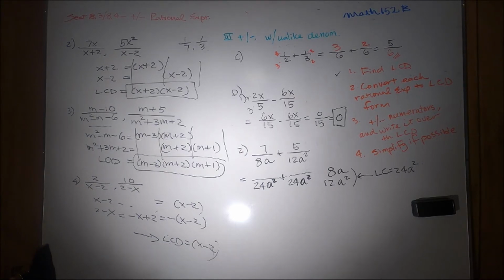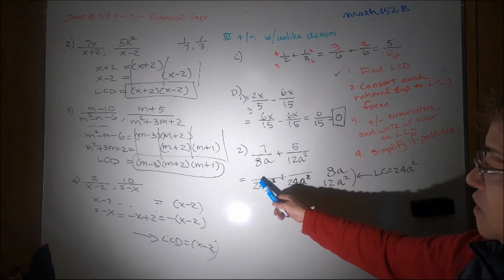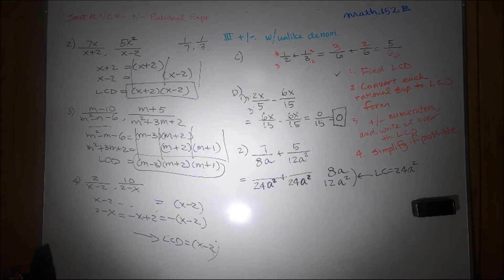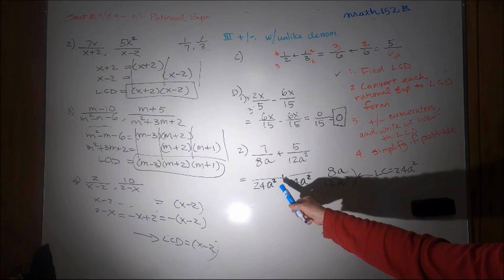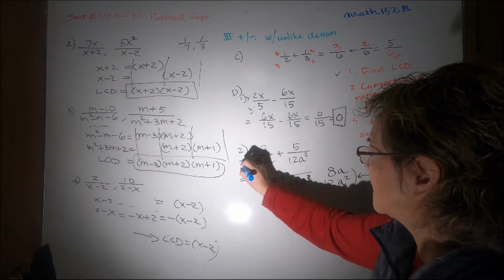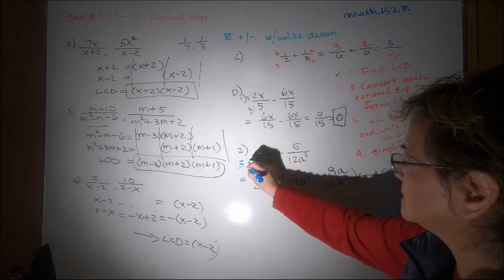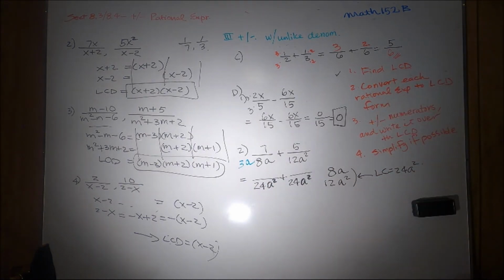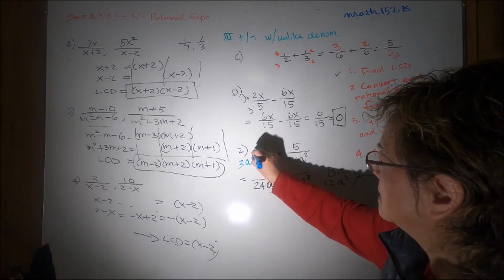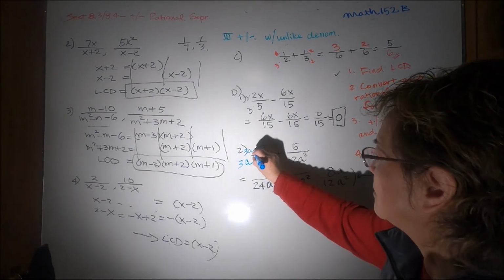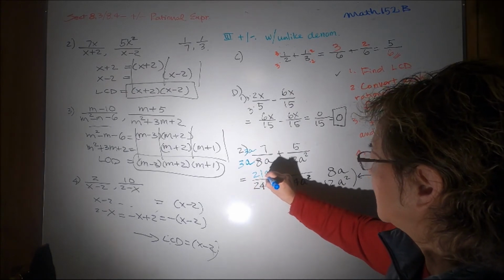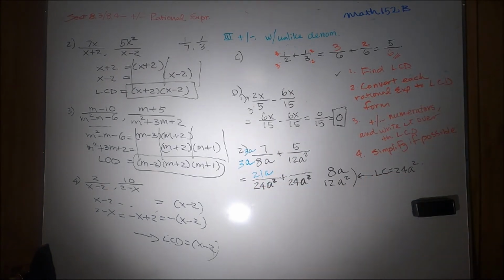Then you have to figure out, okay, change both fractions to the same LCD form. From 8a to be 24a squared, you need to multiply by 3 and another extra a for that, right? It becomes a squared. Then you need to do the same thing on the top. That would be what? 21a, right?